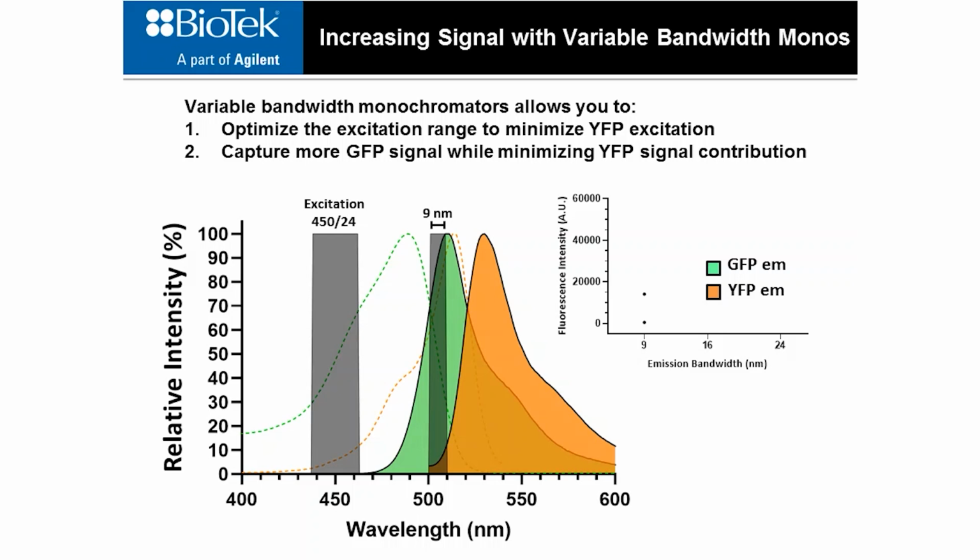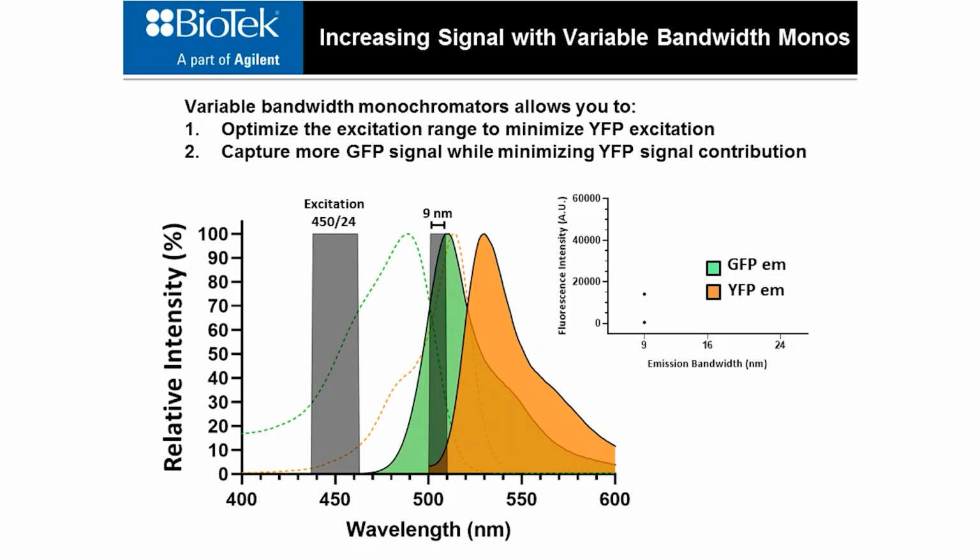So in this case, what we've done is set a less than ideal excitation range for GFP at 450 nanometers with a bandwidth of 24 nanometers. This is because we want to minimize, as shown in this shaded yellow YFP spectra, how much of that is contributing towards collecting light.